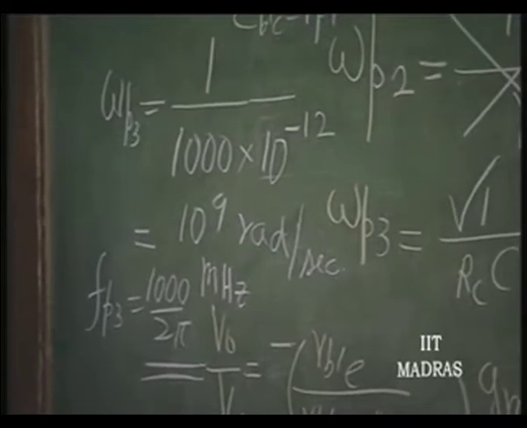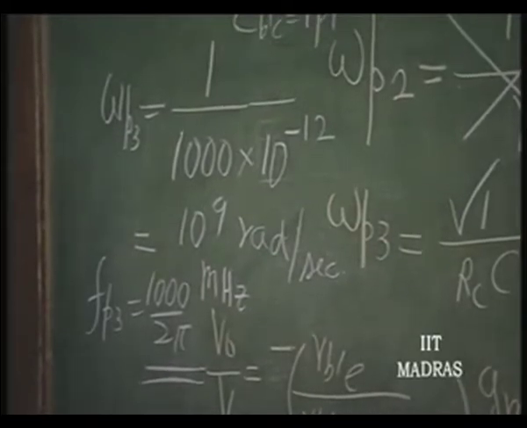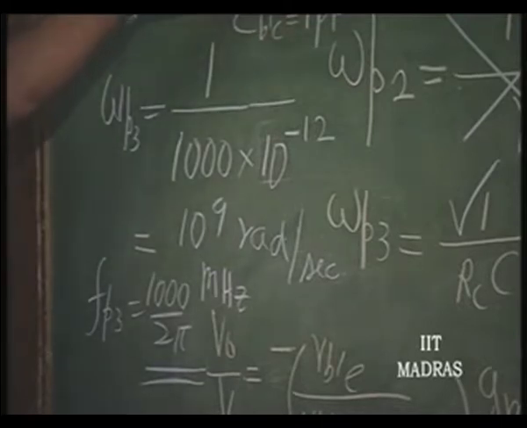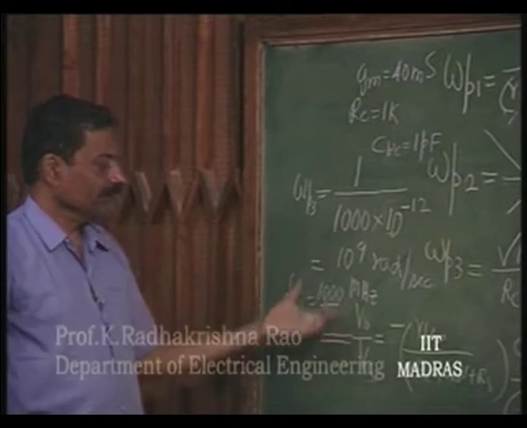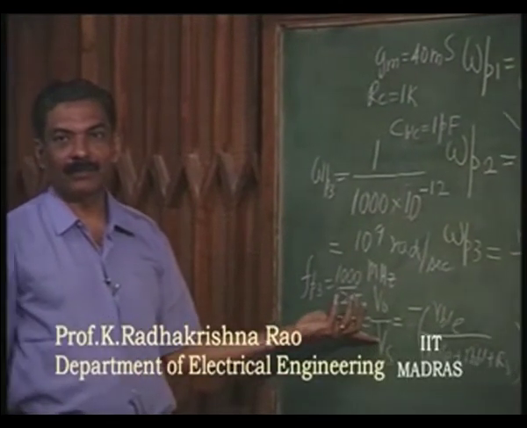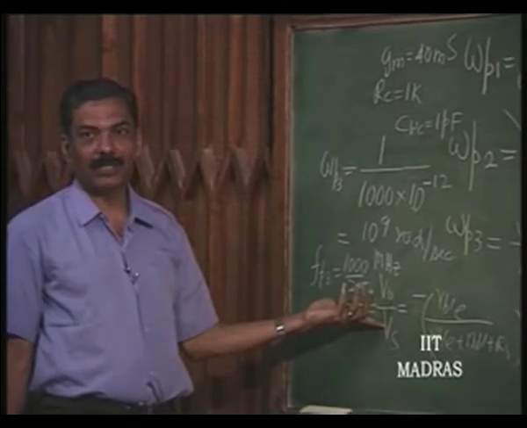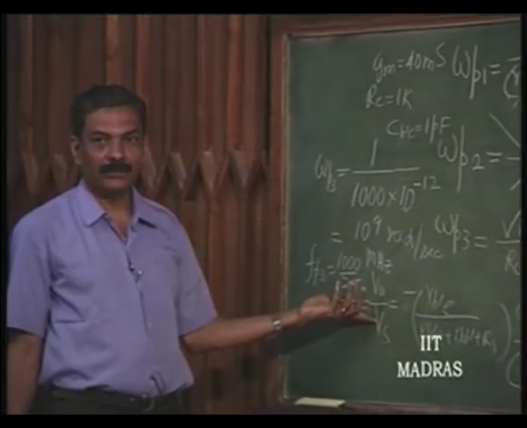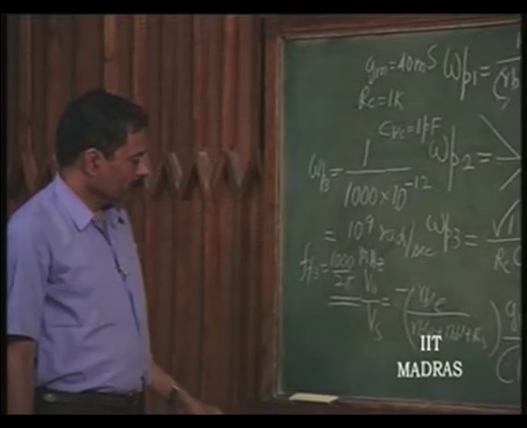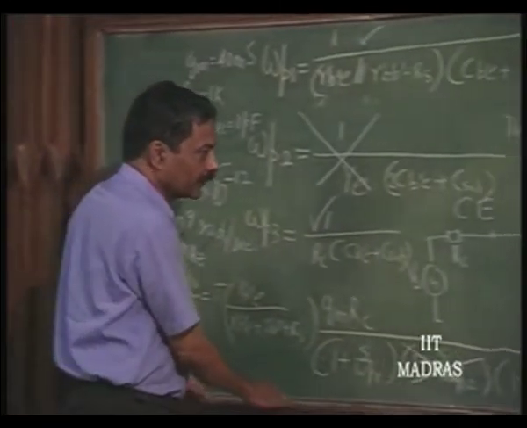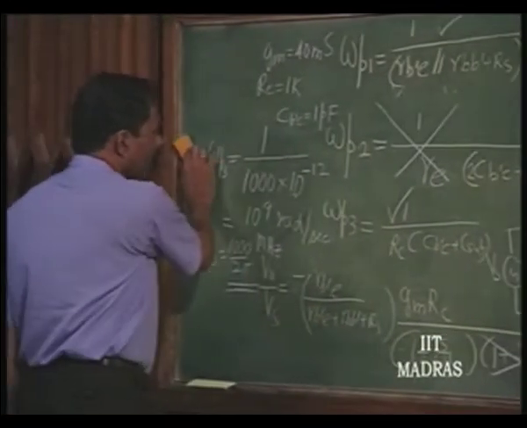Which is a very high frequency. So, even if you consider this as a few picofarads, this is definitely usable for a wideband amplifier, that is a video amplifier, which is of the order of a few megahertz. So, this kind of structure is pretty common.